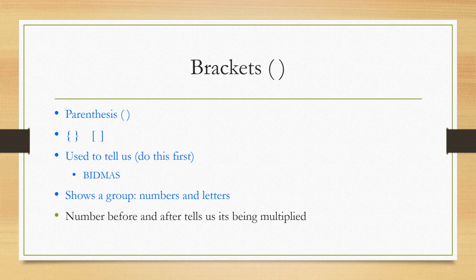Usually the number in front, if there is no other sign like plus, subtraction, or division, means that number is being multiplied with all the terms inside the bracket. As you remember, a term is something that's separated out with an addition or a subtraction. So the number in front is being multiplied with all the terms inside the bracket.